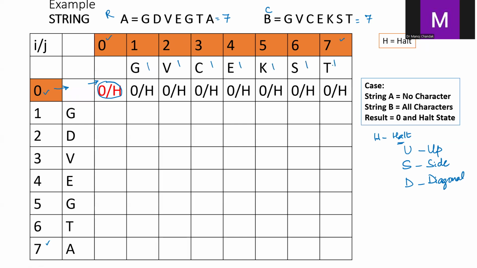Since there is no output, we write 0 by H, 0 by H, 0 by H, 0 by H, 0 by H, and 0 by H, because A does not have any character.